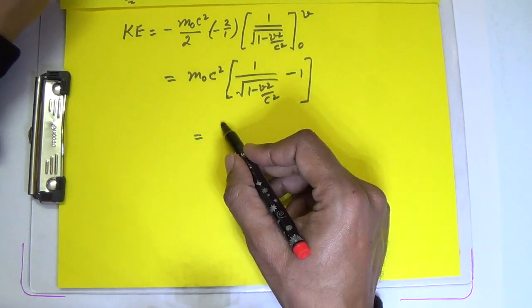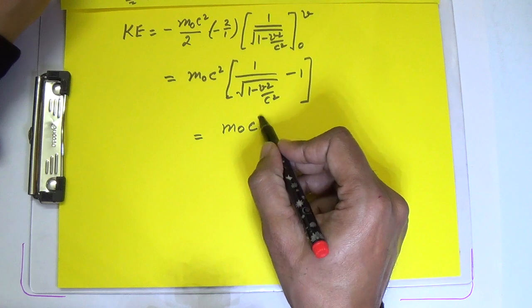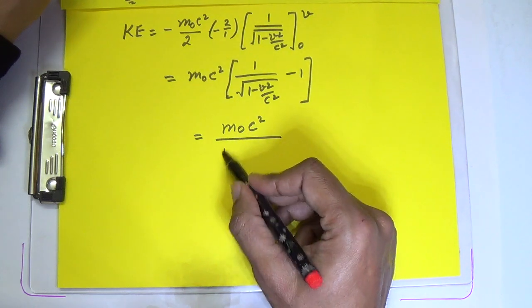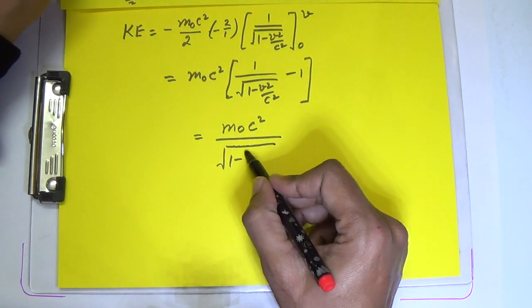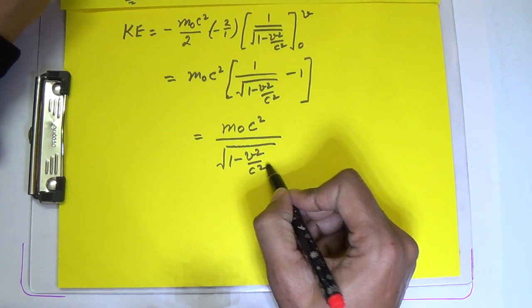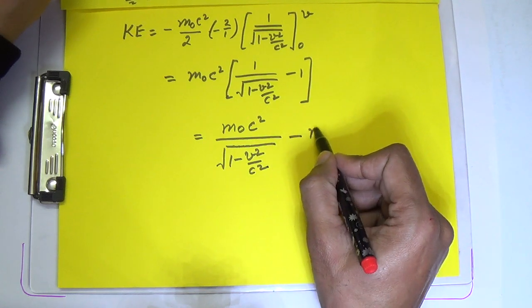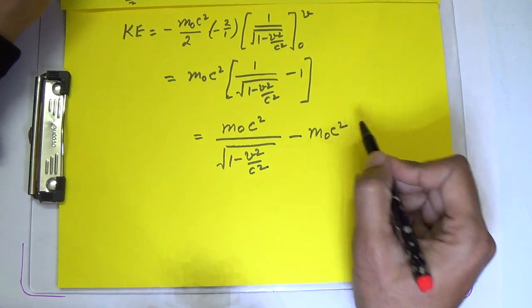Now the result is m naught c square upon square root of 1 minus v square upon c square, minus m naught c square.